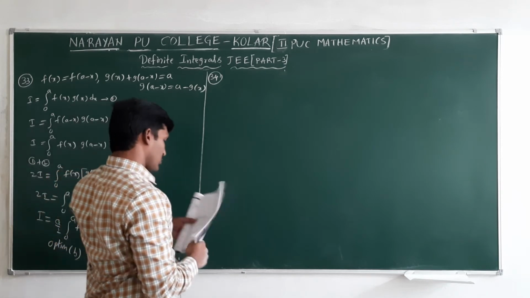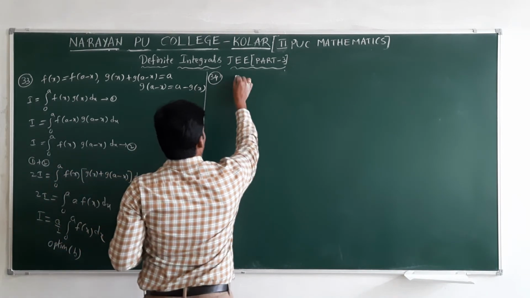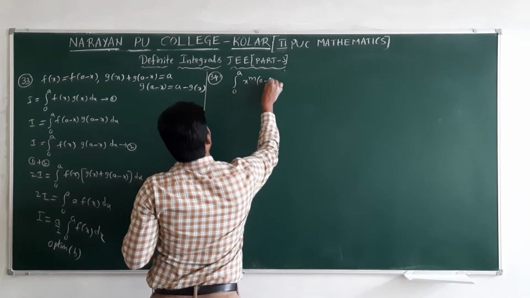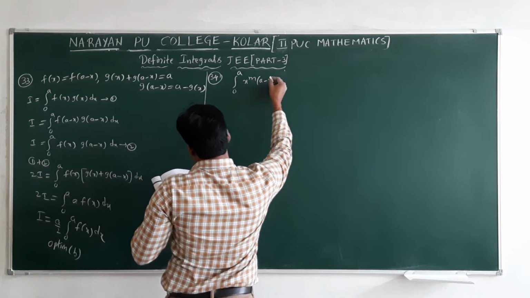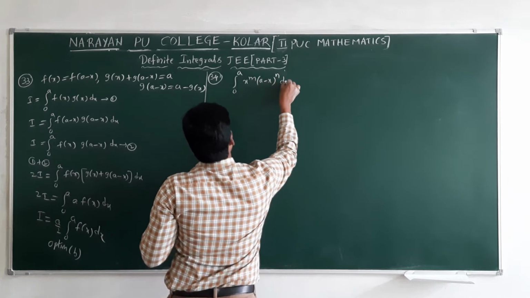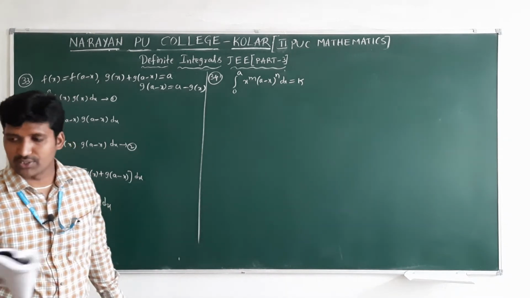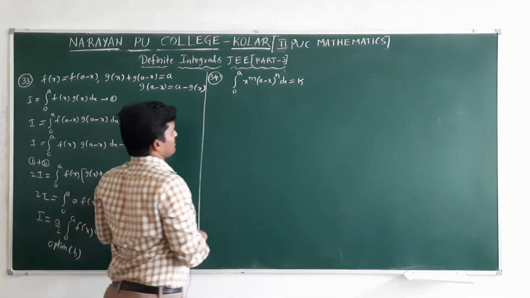Question number 34. Integral 0 to a of x^m (a − x)^n dx equals k. We need to find integral 0 to a of x^n (a − x)^m dx.